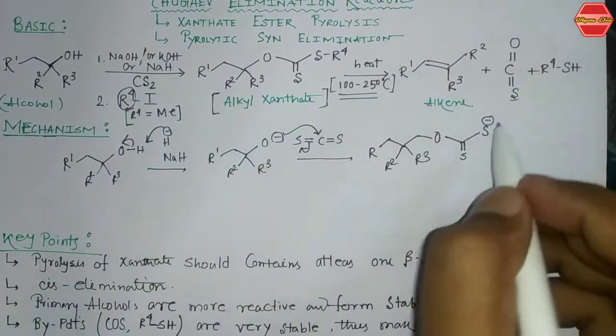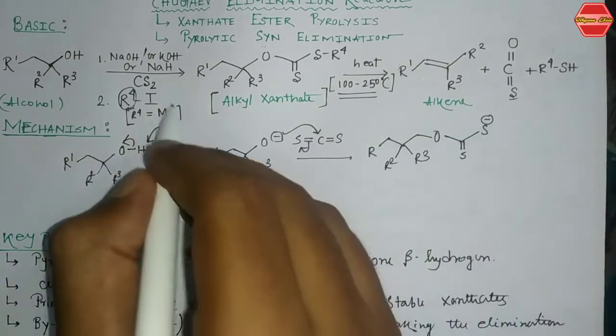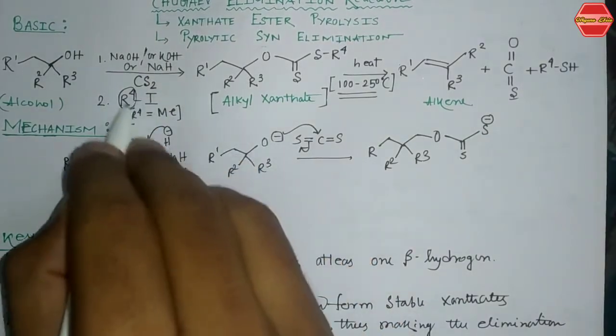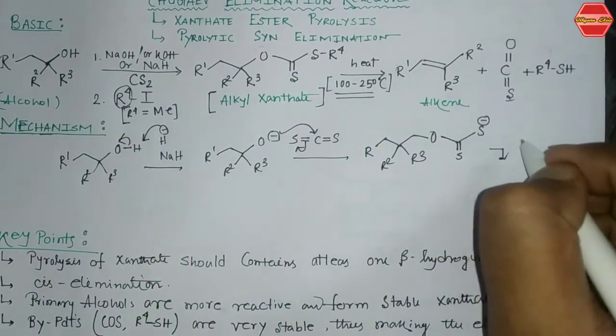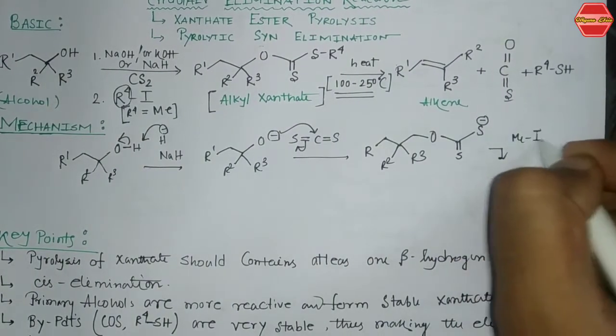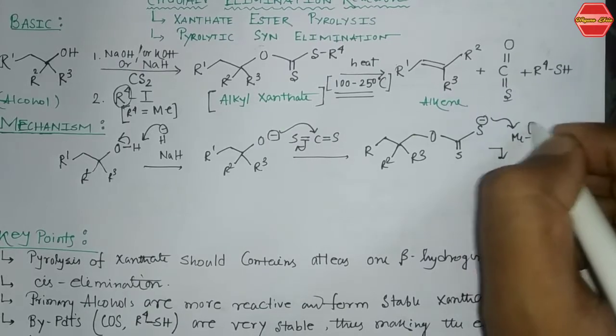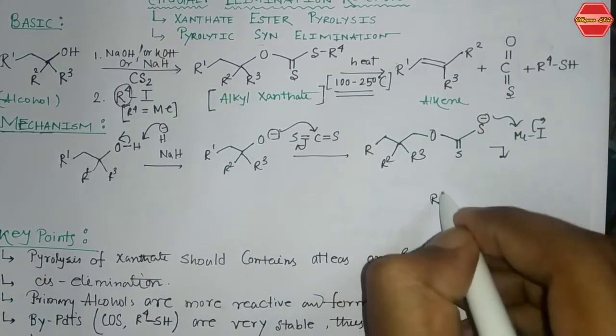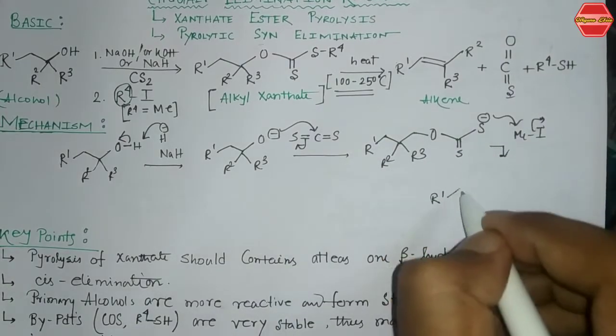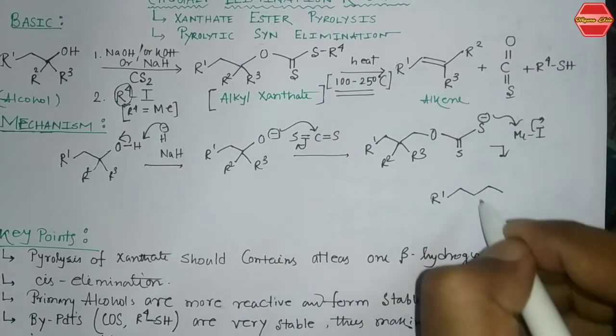Now to trap this S minus, you use this R4I, which is basically methyl iodide. I have written it over here as methyl iodide, so it will attack over here and the iodide will leave from the system, so that you get the alkyl xanthate.